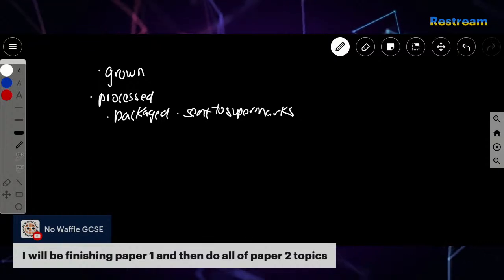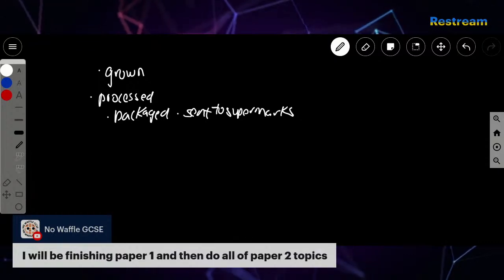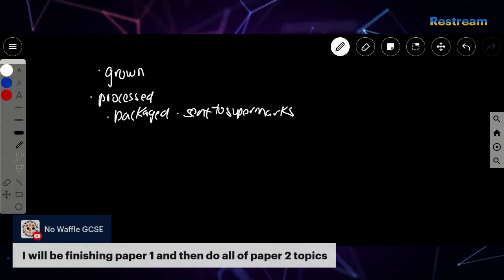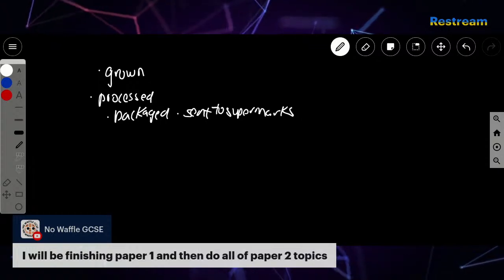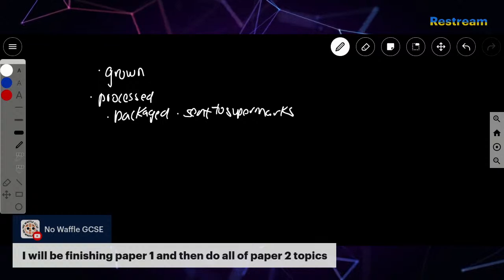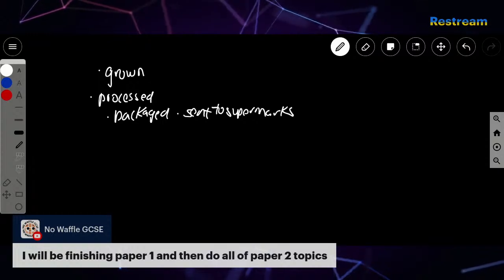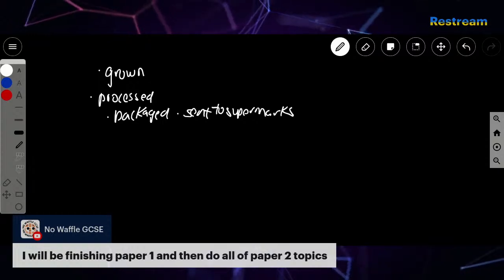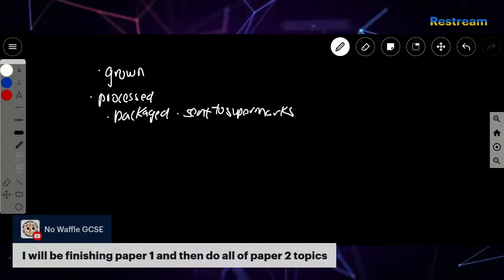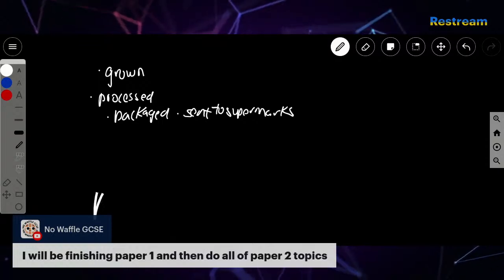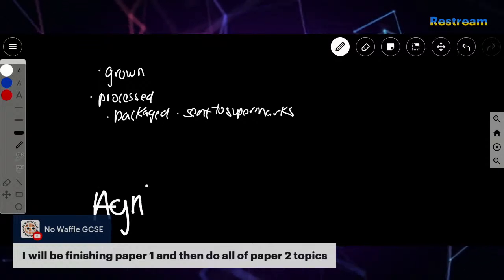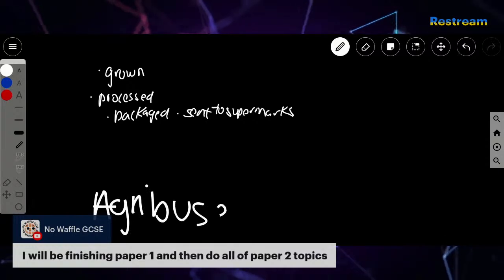So as the UK has developed since the 1960s, there's been a growth in agribusinesses in the UK. Agribusinesses are large-scale industrial farming where all the processes from the production of the seeds to the fertilizing to the processing and the packaging all occur.